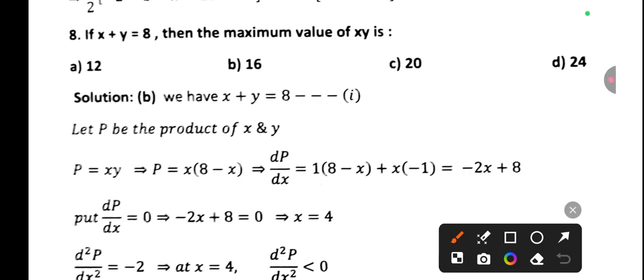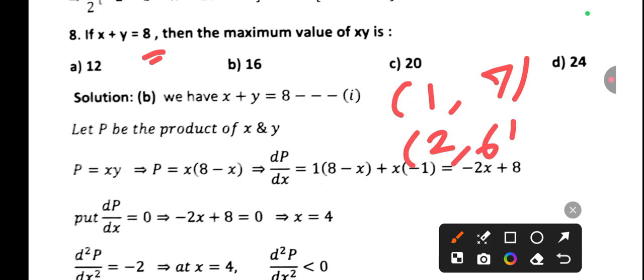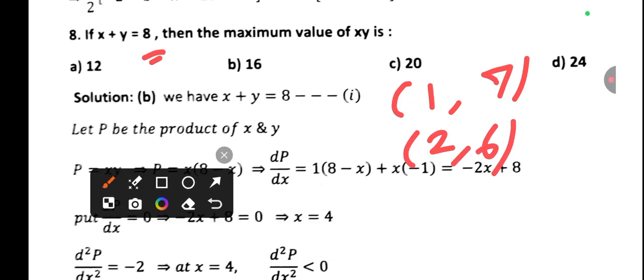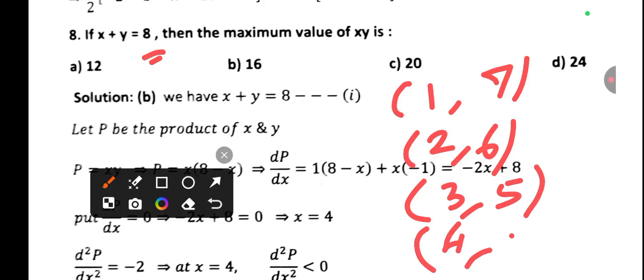X plus y equal to 8. So very simple. What are all the possibilities to get 8? 1, 7. Yes or no? 2, 6. For adding to 8, 3, 5. 4, 4. Yes or no, children? The other ones will just come in reverse: 5, 3, 6, 2, 7, 1.